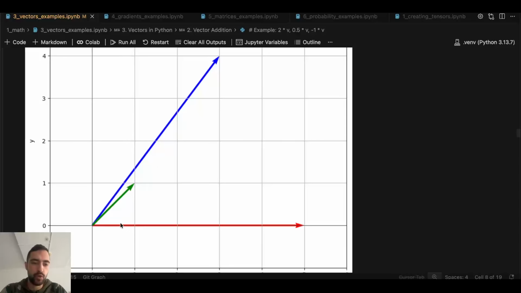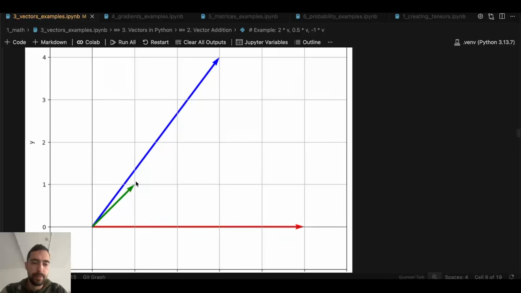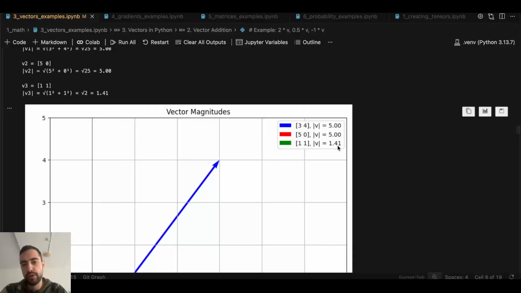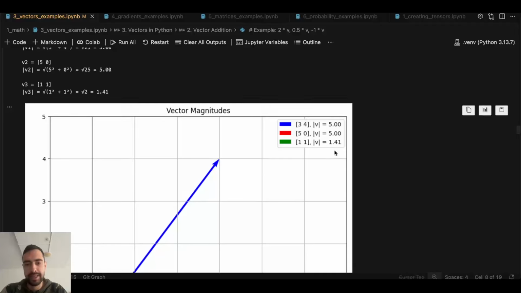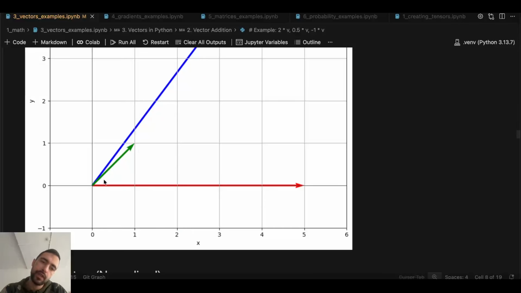If we have vector 1, 1, the magnitude will be 1.41. That's the length of the vector. You can see here that this is a bit longer than this 1 unit. So it's about 1.41. Here, for the vector 0, 5, the magnitude will be 5. You can already see that the length of this is 5.